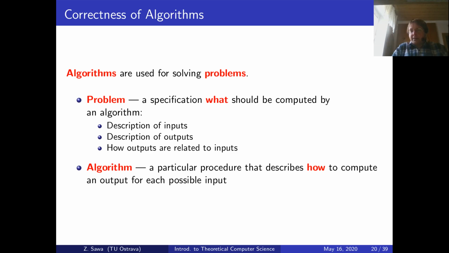But the specification of the problem does not specify how we obtain this output data. The algorithm is then a detailed description of a particular procedure for obtaining this output data from the input data. An algorithm can again be described on many different levels of abstraction.